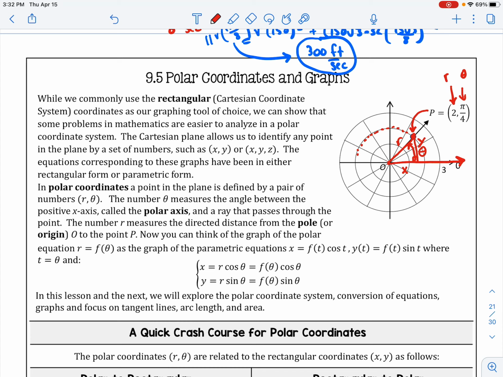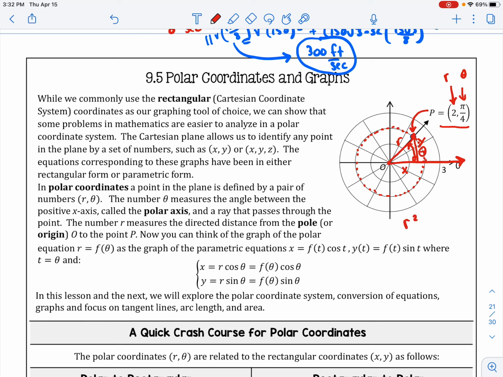And your r could be thought of as the radius of the circle that is formed by just taking that and rotating it around the origin. So your 0, 0 is your pole or your origin. So this is your pole, this is your polar axis, and your polar coordinates here, okay?